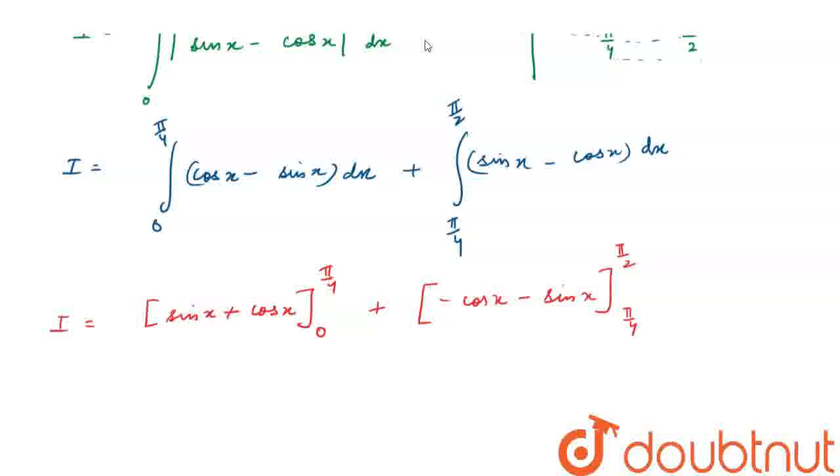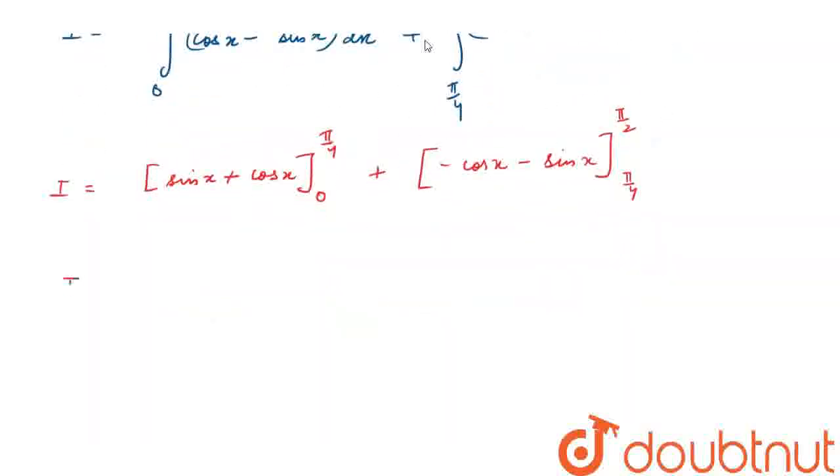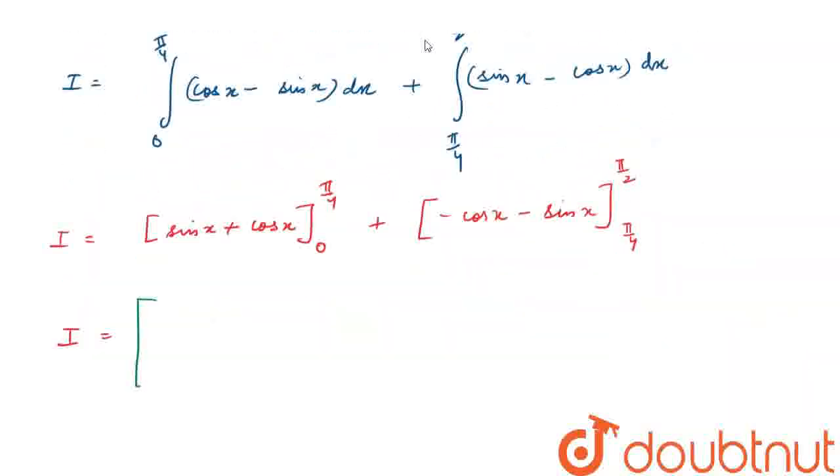Putting the limits, we will get I equals sin pi by 4 plus cos pi by 4 minus sin 0 plus cos 0.